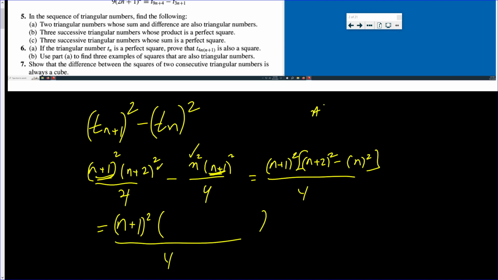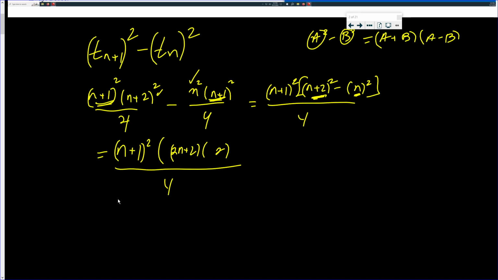Now remember, whenever you have a squared minus b squared, you can add them in one bracket and you can subtract them in another. When I add those, I get 2n plus 2. And when I subtract these, I just get 2. And everything's coming together perfectly.